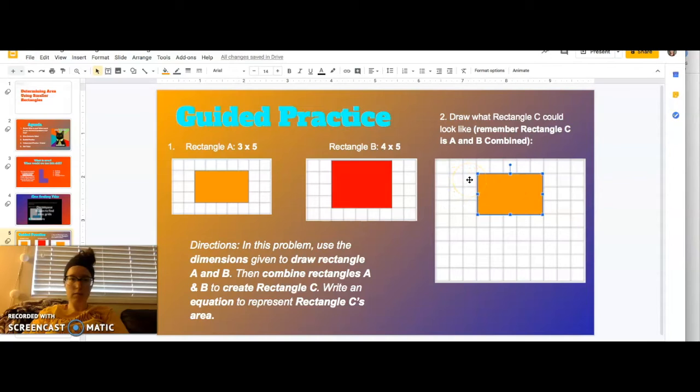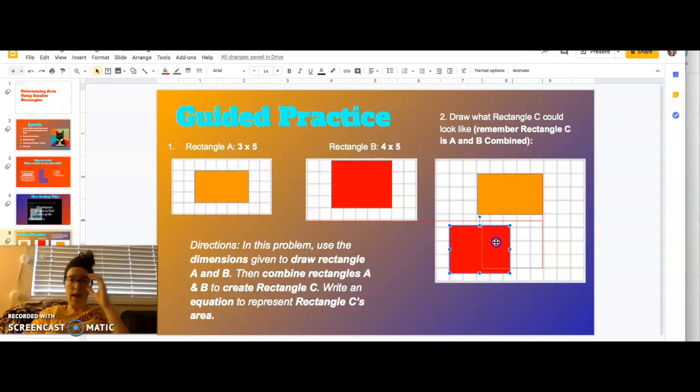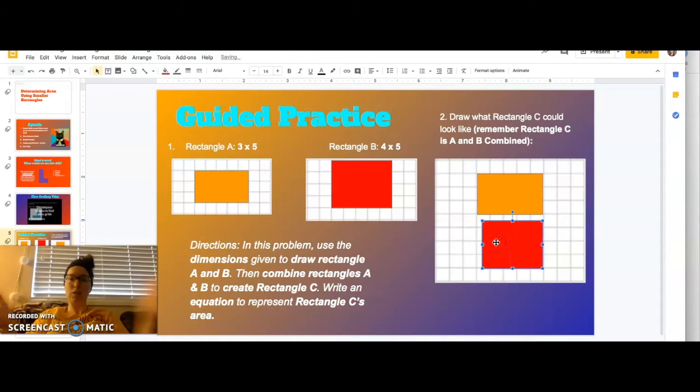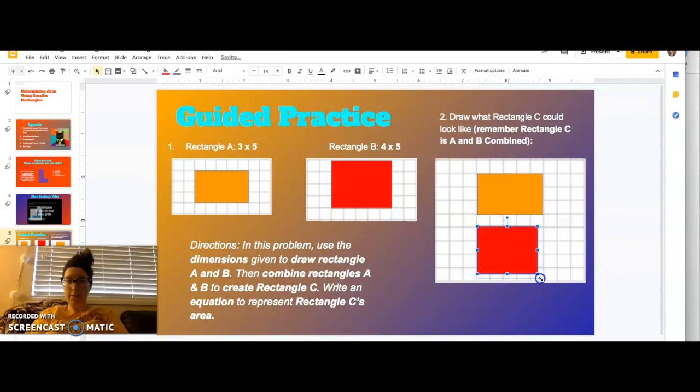That looks about right. 3 by 5, yep. And then I'm going to add rectangle B to rectangle A, right? I'm going to put them right next to each other to make one bigger rectangle, okay? It looks like what I'm noticing here, once I stretch this out to make sure it's 4 by 5, there we go.